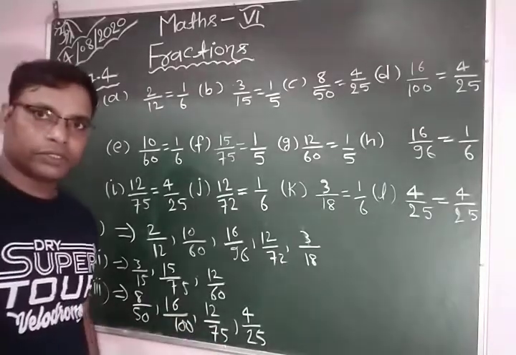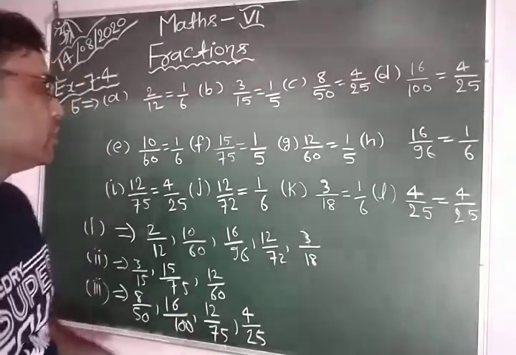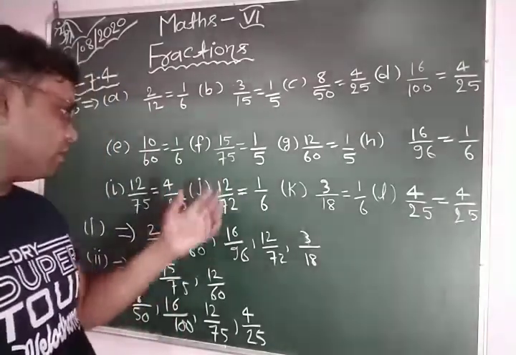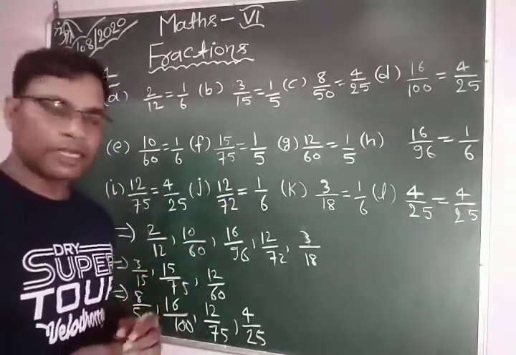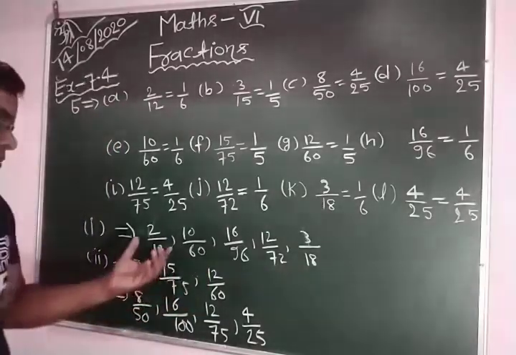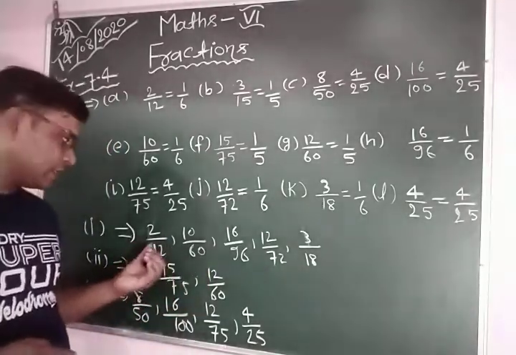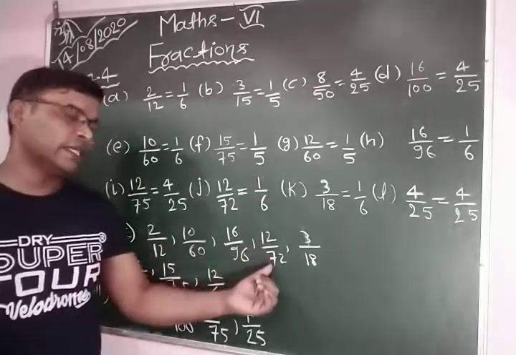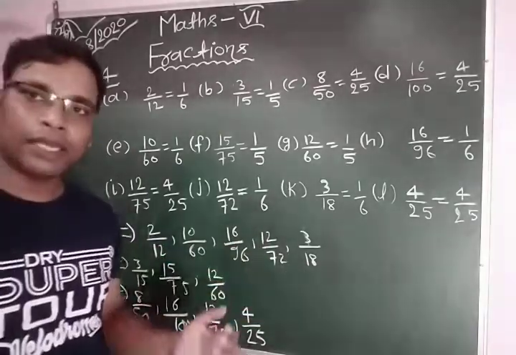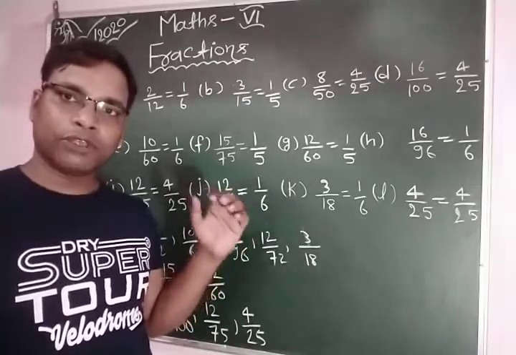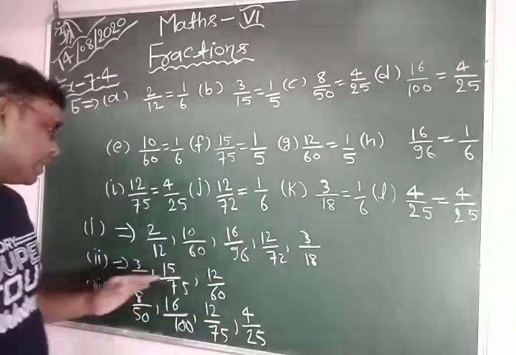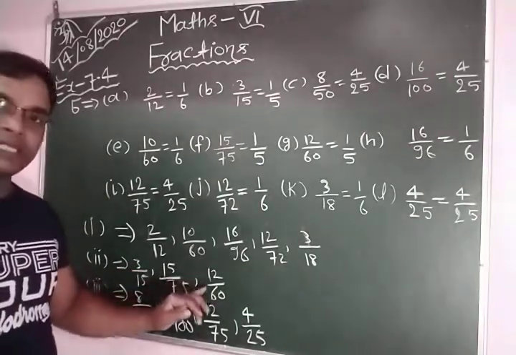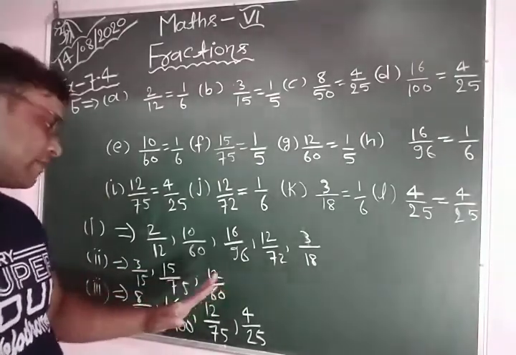Okay. So students, you can see here, first we simplify it, and after this we write the same groups of same numbers. 2 by 12, 10 by 60, 16 by 96, 12 by 72, 3 by 18 are equivalent fractions. Okay. And the 3 by 15, 15 by 75, 12 by 60, they are equivalent fractions.